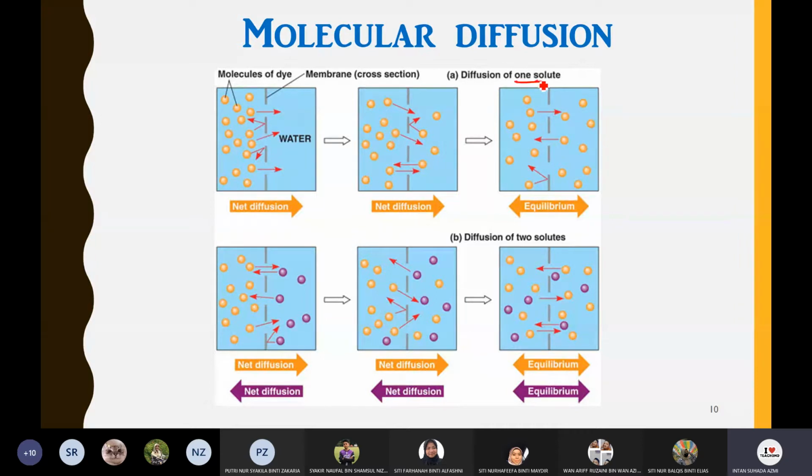This one is diffusion of one solute, and this one is diffusion of two solute. So you have a molecule of dye. After certain time, the molecule from high concentration will move to low concentration. So then you can get the equilibrium solution. Same concept for this one, where you can see the yellow molecule and purple molecule. Then after a while, there is equilibrium of both molecules.